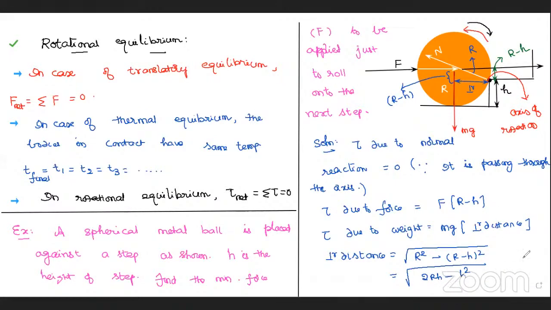Now you can substitute there. Very good. Then here, the torque due to weight, I write, equals mg into the perpendicular distance, which is root of 2RH minus H squared.